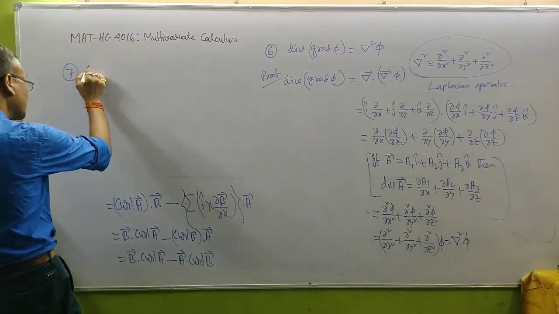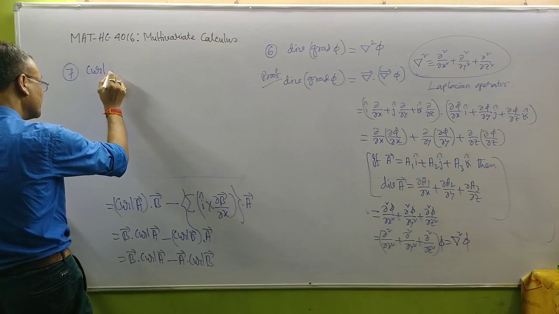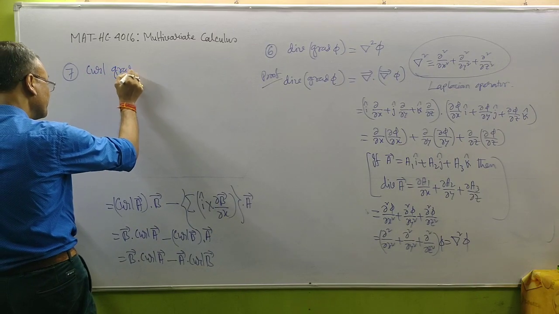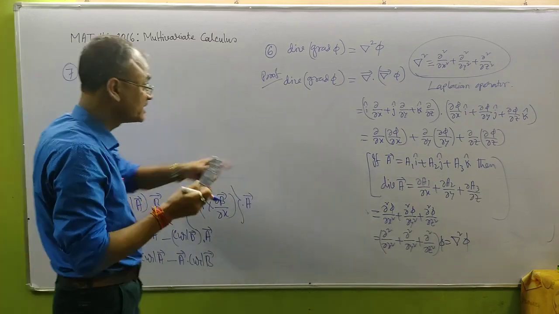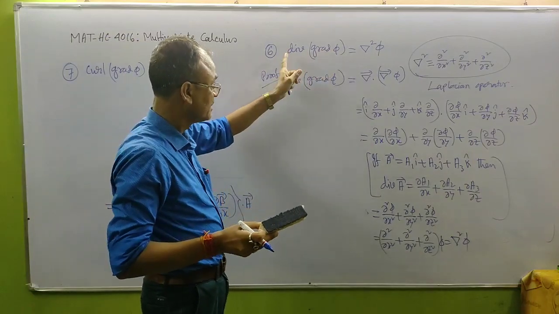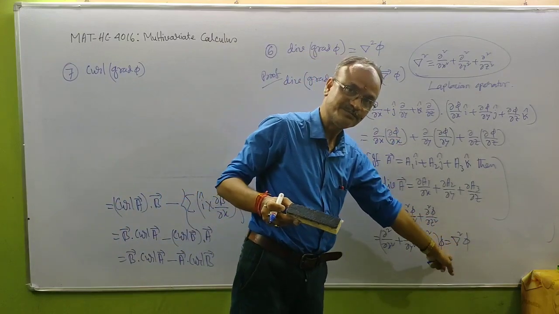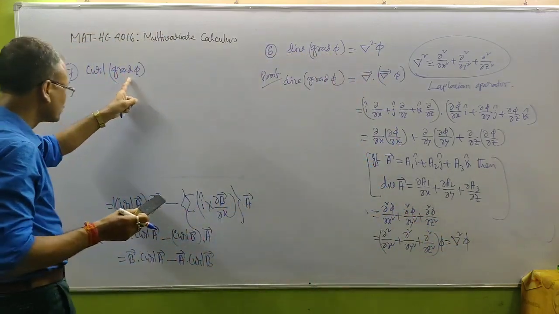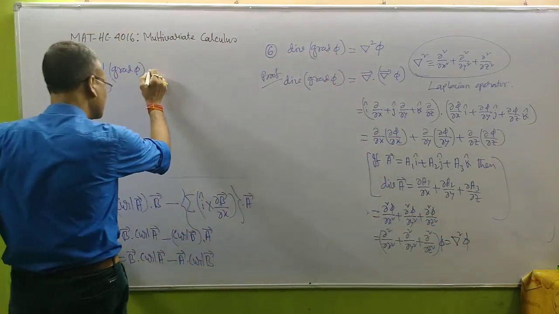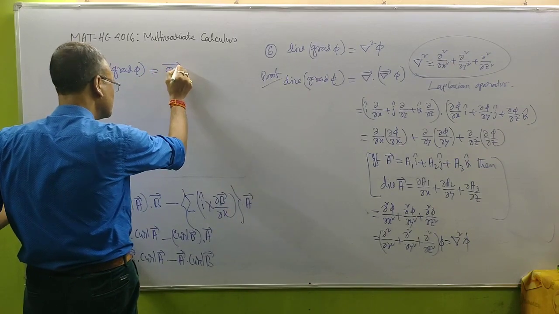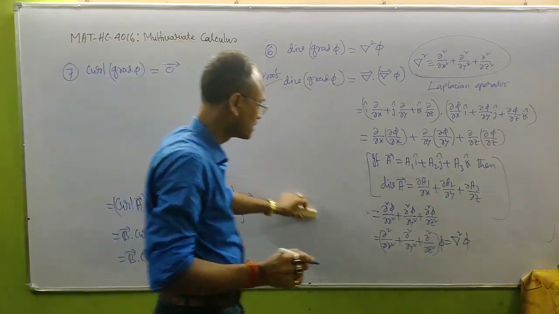Divergence of gradient phi equals nabla square phi. If you take the curl of gradient of phi, curl is a vector quantity. Divergence of this will be a scalar quantity. Curl of the vector quantity will be a vector quantity, but unfortunately it will be 0. You may write the 0 vector.